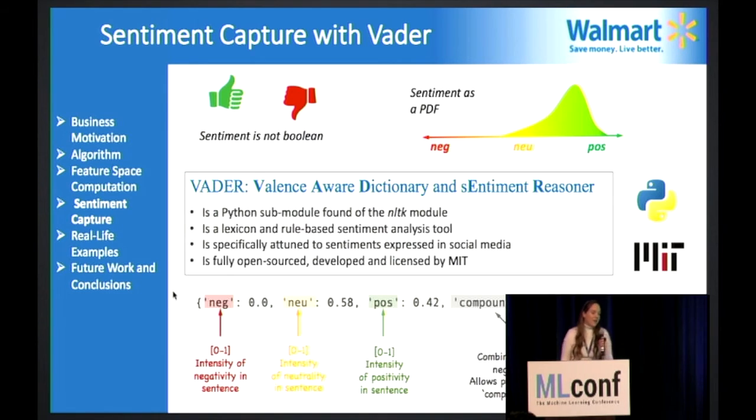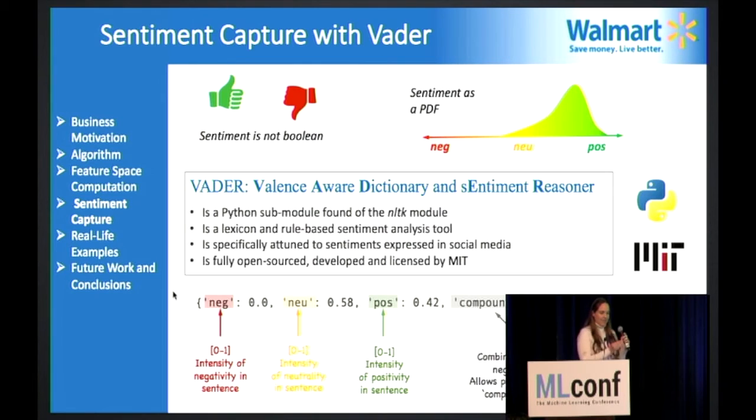And so we're actually lucky, because there is an open source package that was developed by MIT, which expresses sentiment exactly in this manner. On the bottom of the slide you have an example of what you would get if you feed one sentence to that package.